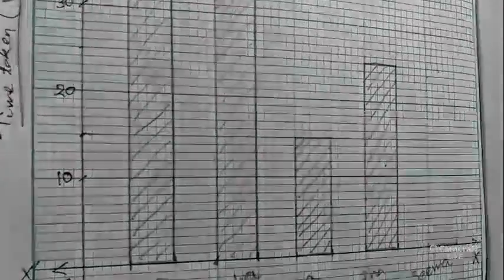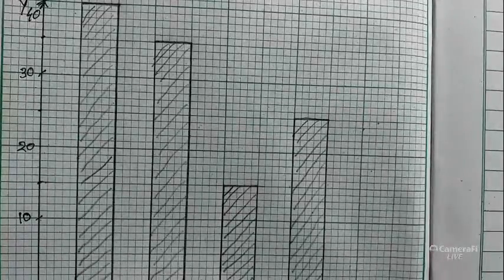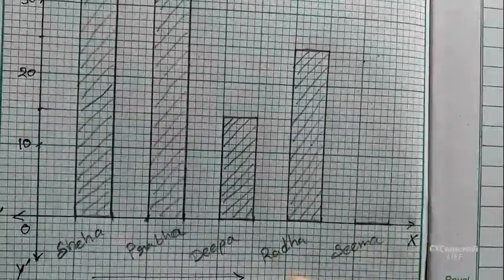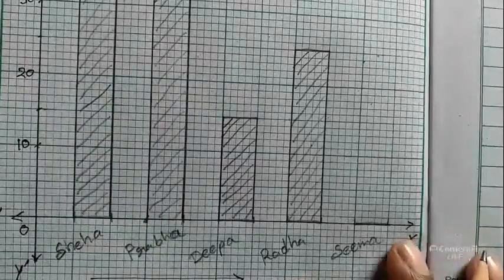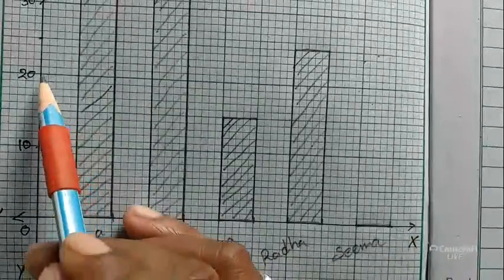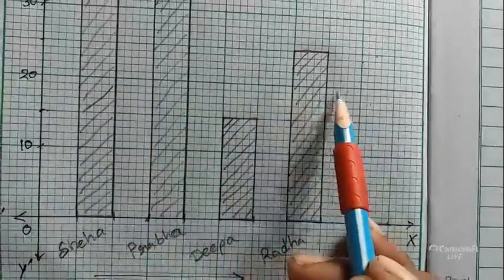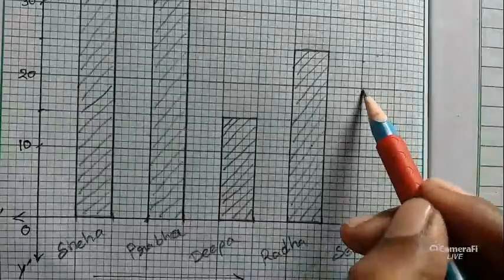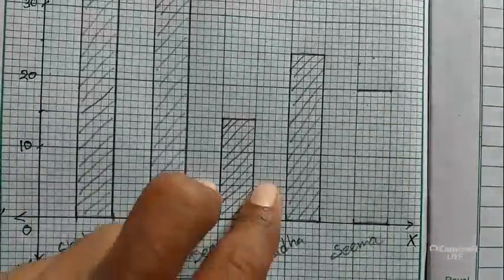Last student, Seema. Here is the breadth for the rectangular bar. This is the breadth, and Seema takes 20 minutes. Where is 20? This one. So along this 20 line, we get from here to here for Seema. This is the height.